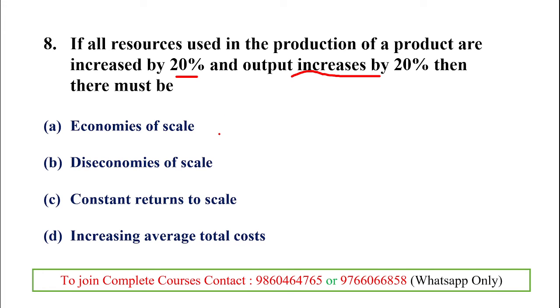There is not only economies of scale, but also constant returns to scale, because 20% more resources gain 20% more output. So here the output grows equal to the input, and constant returns to scale applies in this question.